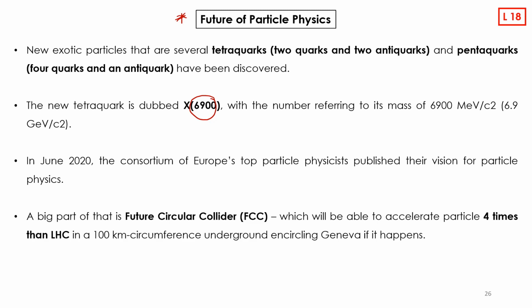And lastly, we are still searching for a theory that unifies our understanding of the standard model particles and forces. The standard model just explains the strong force, weak force and electromagnetic force. But remember, we have another one, which is gravity.